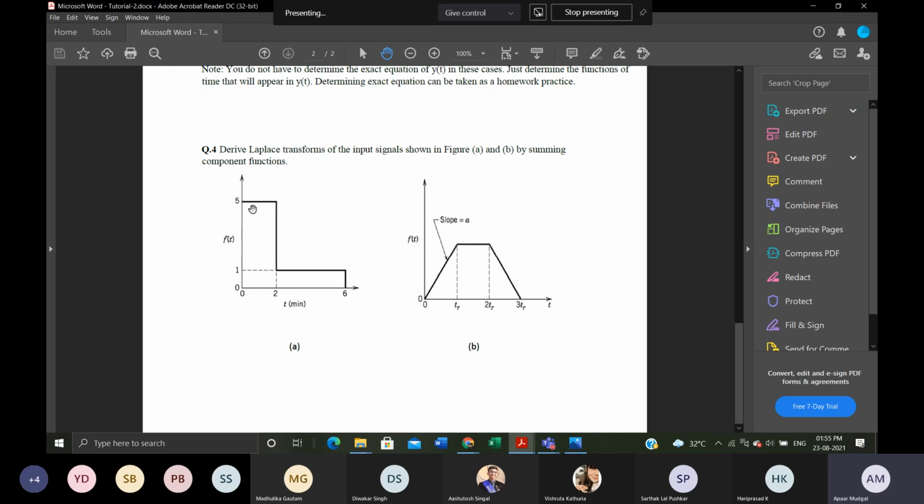So first, try to simplify this question into some form of equation, and then use the Laplace transform on those equations. So this is more of a mathematical jugglery.